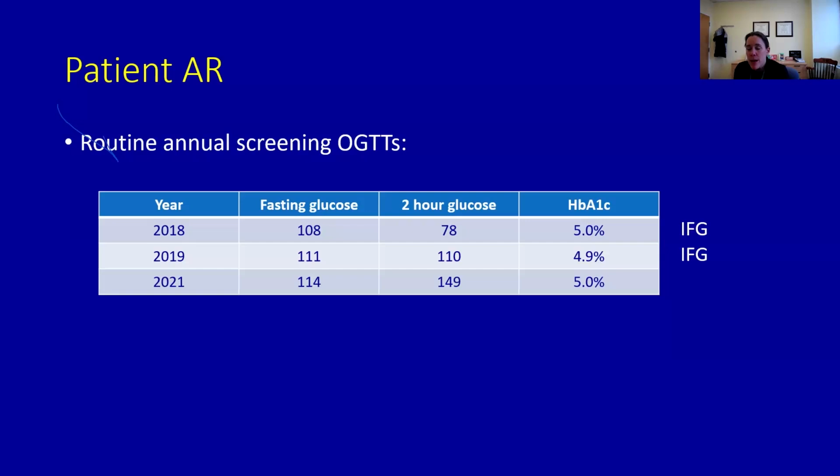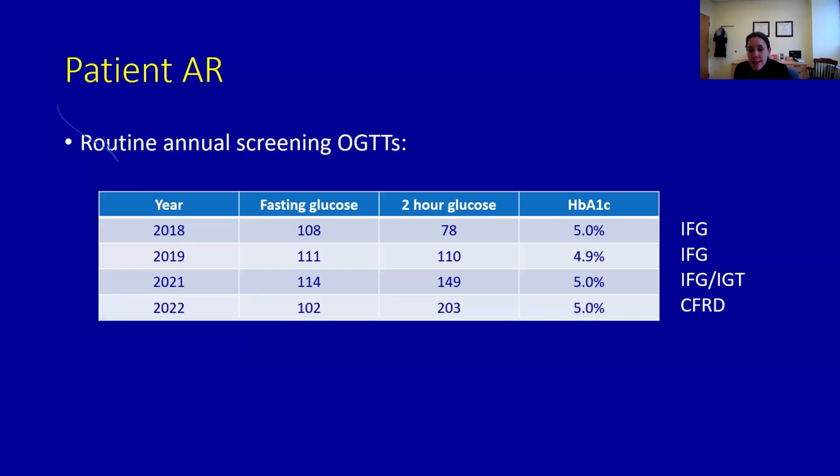And in 2021, because we skipped everything during the pandemic, his fasting glucose was, again, still in that impaired fasting glucose range, but now he also has impaired glucose tolerance with a 2-hour glucose between 140 and 200. So now he has kind of a combined picture. And then in 2022, he has a 2-hour glucose of above 200, and so then qualifies as CF-related diabetes based on this test right here.